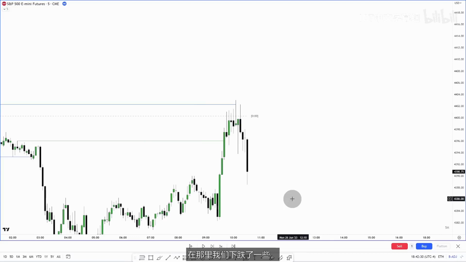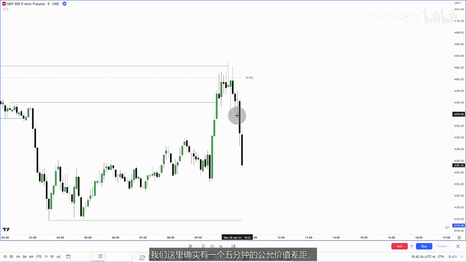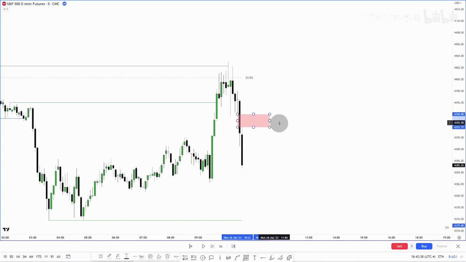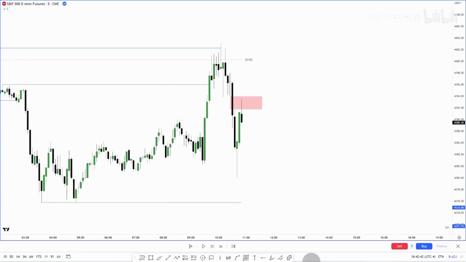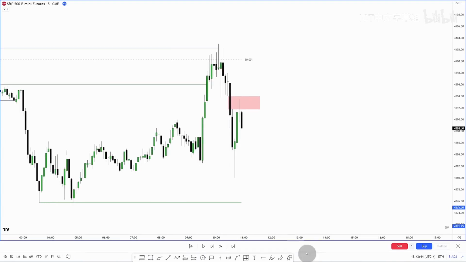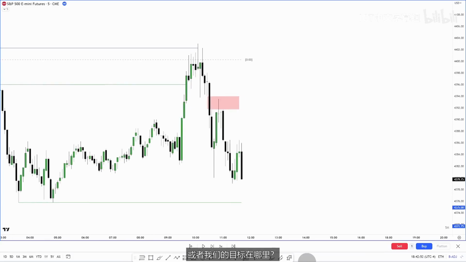There we get some displacement down. Looking in here, do we have any sort of setup? We do have a 5-minute fair value gap here. And we reach back into it. A nice respect to that. No body closes even in the fair value gap. And then where is our target?